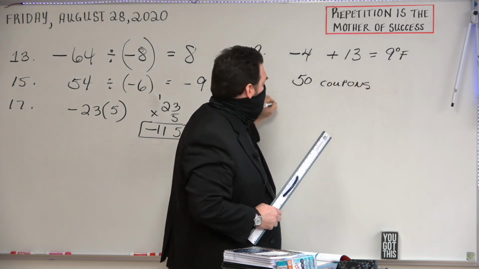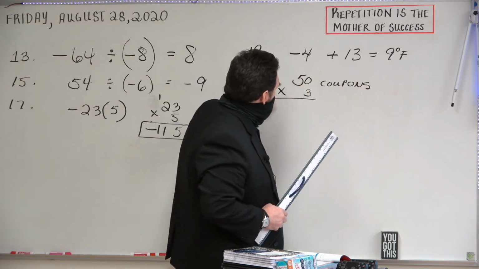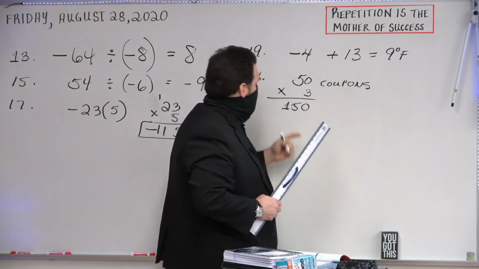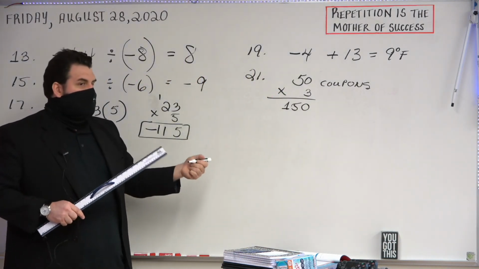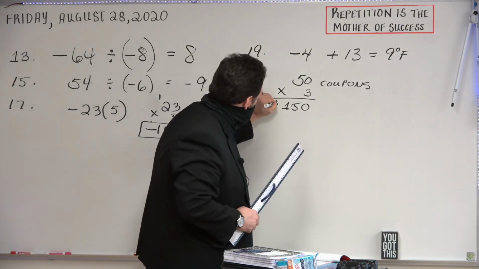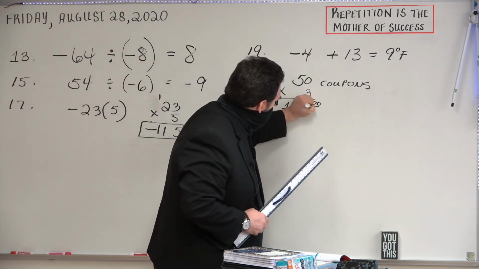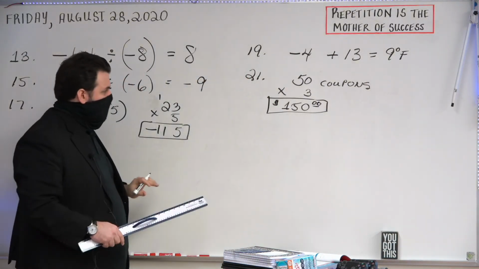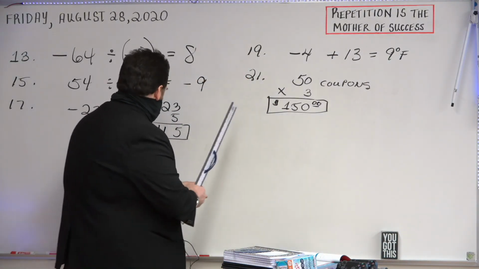Each coupon cost the theater $3. So 50 times 3 is 150. So the theater gave out $150 worth of coupons. So put the dollar sign, maybe some change. There you go. Did y'all get that? All right. Now, final question.